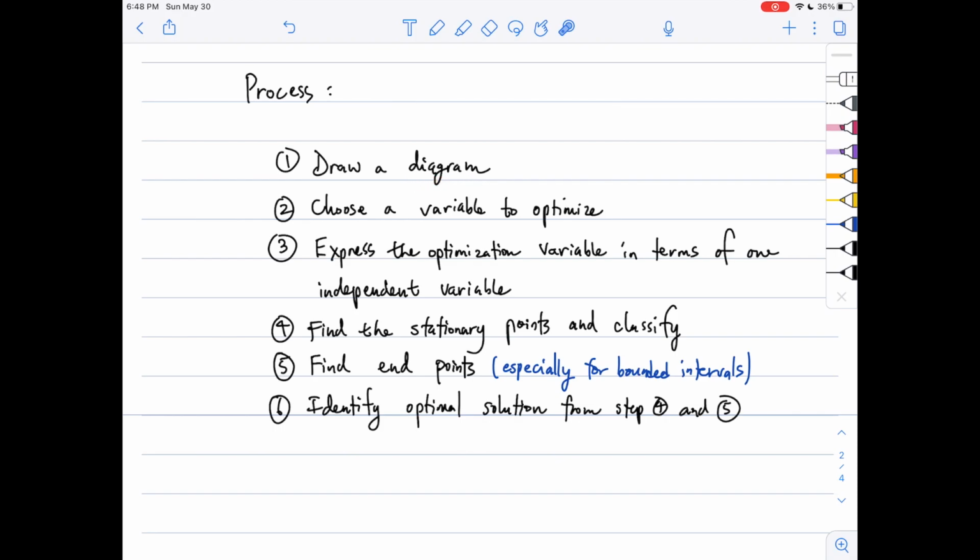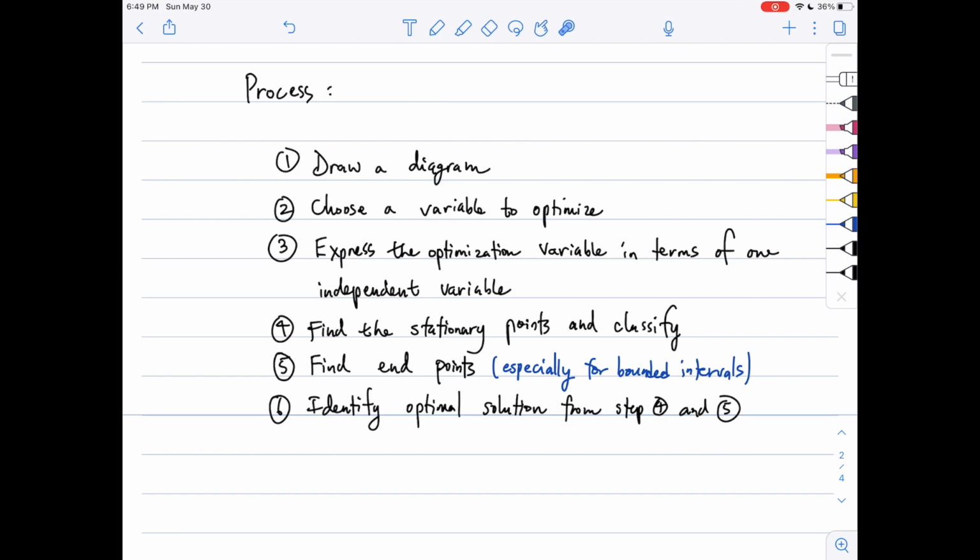Try and make the diagram as big as possible and as detailed as possible, depending on what the question is asking. A good diagram often goes a long way in solving optimization problems. The next step is to choose a variable to optimize. This, in our earlier example, was profit, but it can be whatever. It'll be clear in the question what variable needs to be optimized.